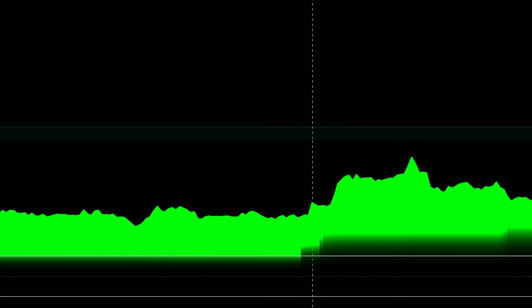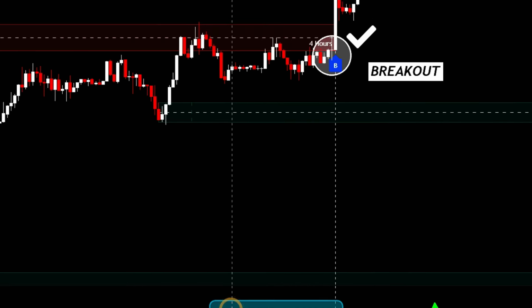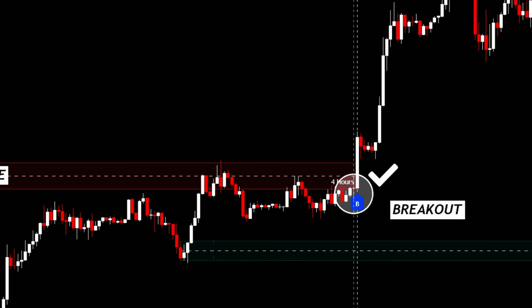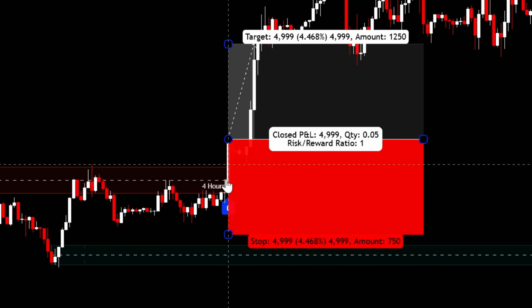Now we check the oscillator. If the oscillator is above plus 200 at that moment, the breakout is valid. That's your buy. A stop loss goes below the most recent swing low.